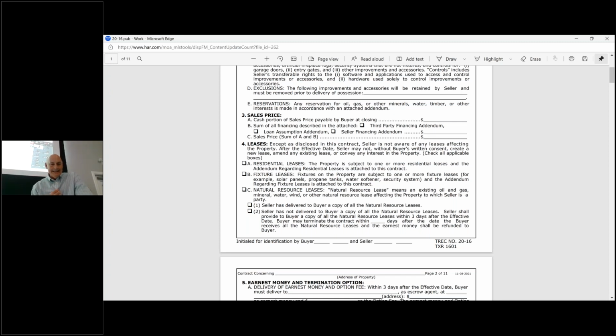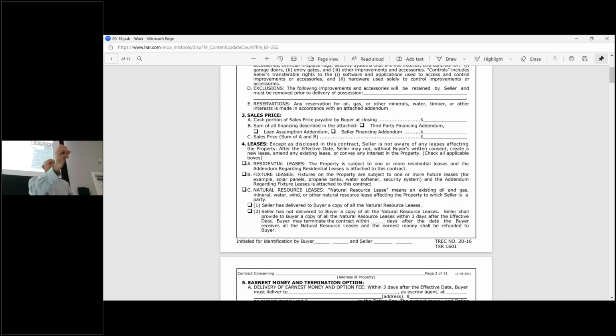All right, leases. Except as disclosed in this contract, seller is not aware of any leases affecting the property. After the effective date, seller may not, without buyer's written consent, create a new lease, amend any existing lease, or convey any interest in the property. So if this property is being leased, once we go under sale contract, the seller can't go in and change the terms.